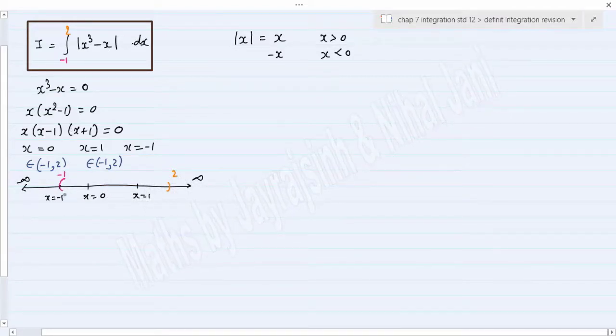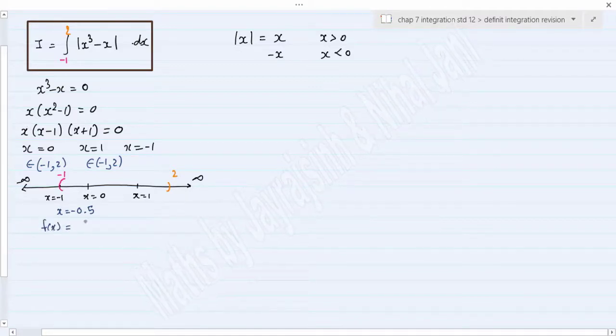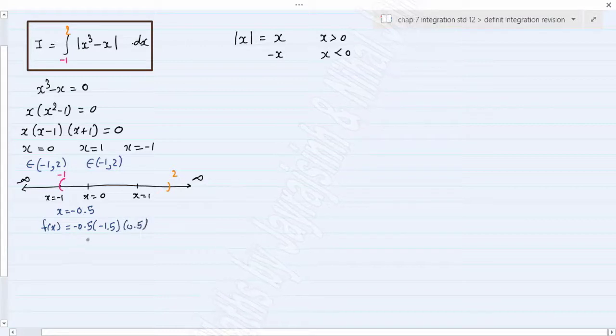Take any point between minus 1 and 0, let's say x is equal to minus 0.5, and for x is equal to minus 0.5, we will get our f(x) is equal to minus 0.5 times minus 1.5 times 0.5, which is greater than 0. So this interval will be positive. Similarly, the next interval will be negative and this interval will be positive.